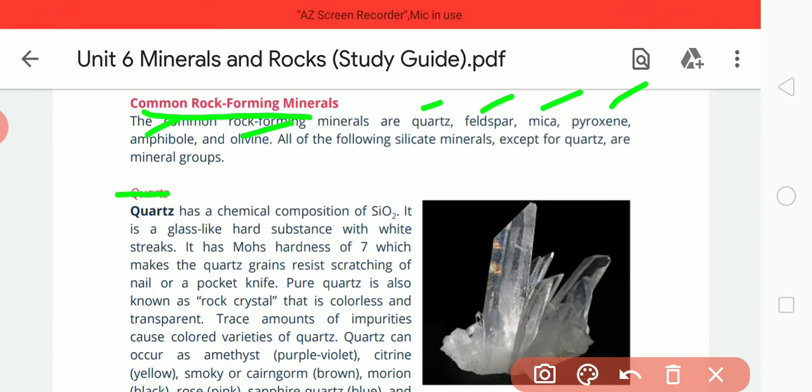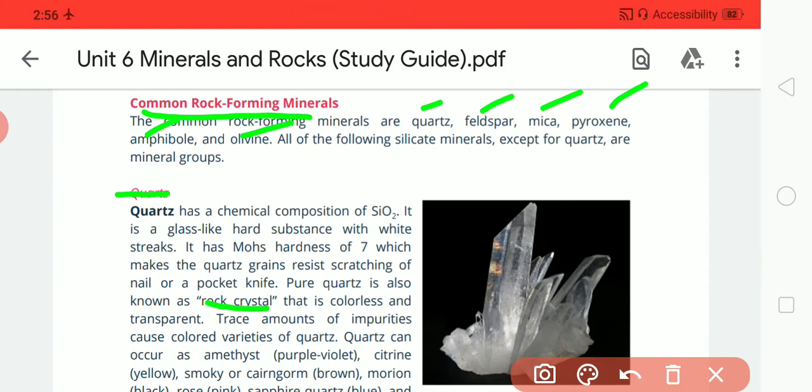It is a glass-like hard substance with white streak. It has a Mohs hardness of 7, which makes the quartz grains resist scratching of a nail or a pocket knife. Pure quartz is also known as rock crystal, which is colorless and transparent. Trace amounts of impurities cause colored varieties of quartz.